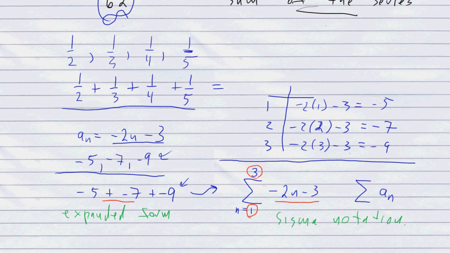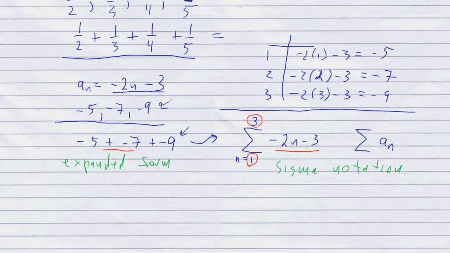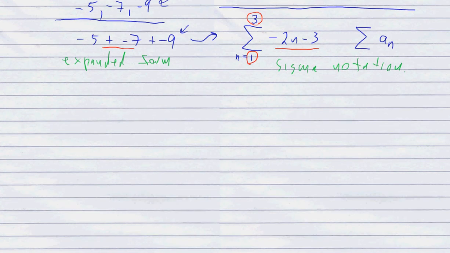Okay, so I'm looking at your book here, and I'm seeing that they're going to have you do this 2 different ways. They're going to give you the series in sigma notation, and they're going to want you to write it in expanded form. Or they'll give you the series in expanded form, and they'll want you to write it using sigma notation.